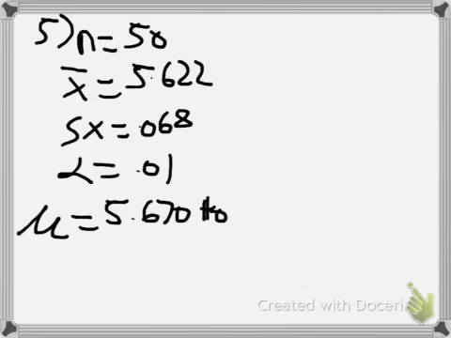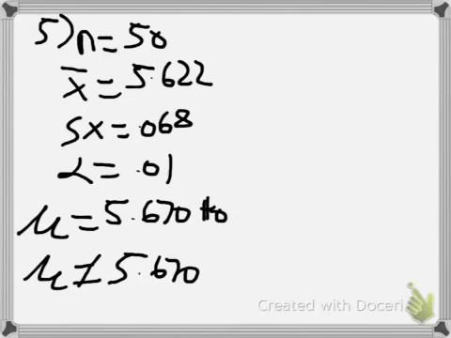And then the alternative hypothesis would be mu does not equal 5.670. Since it's not a population proportion, it wouldn't be a one-proportion z test, and sigma is not known, so it's going to be a t-test as the calculator function we're going to be using to test this hypothesis.